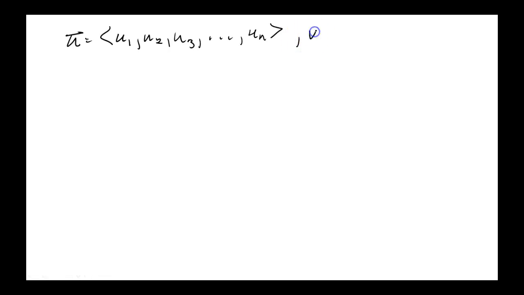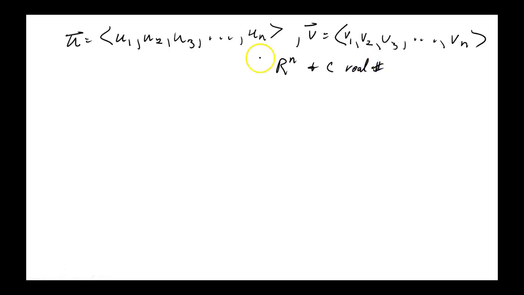And v also is a vector in that n space, v1, v2, v3, dot, dot, dot, up to vn. Same n. These are both in Rn. And c is a real number.